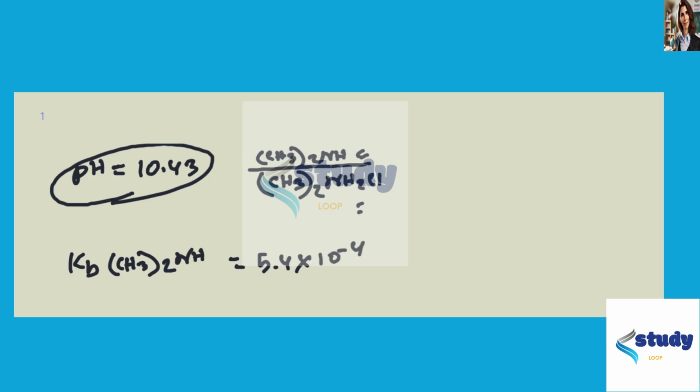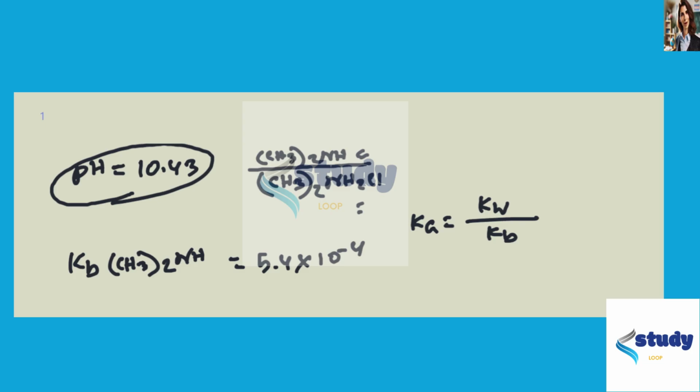As we know that we have to use the Henderson-Hasselbalch equation ultimately to find the mass ratio, we have to know the Ka value for this mixture, and from the Kb value, we can find the Ka value, as we know that Ka is equal to Kw over Kb.